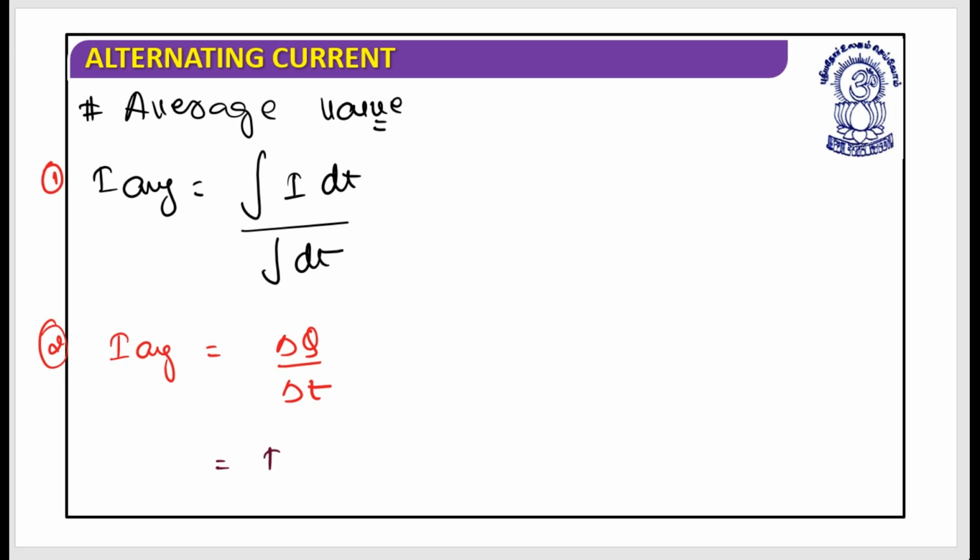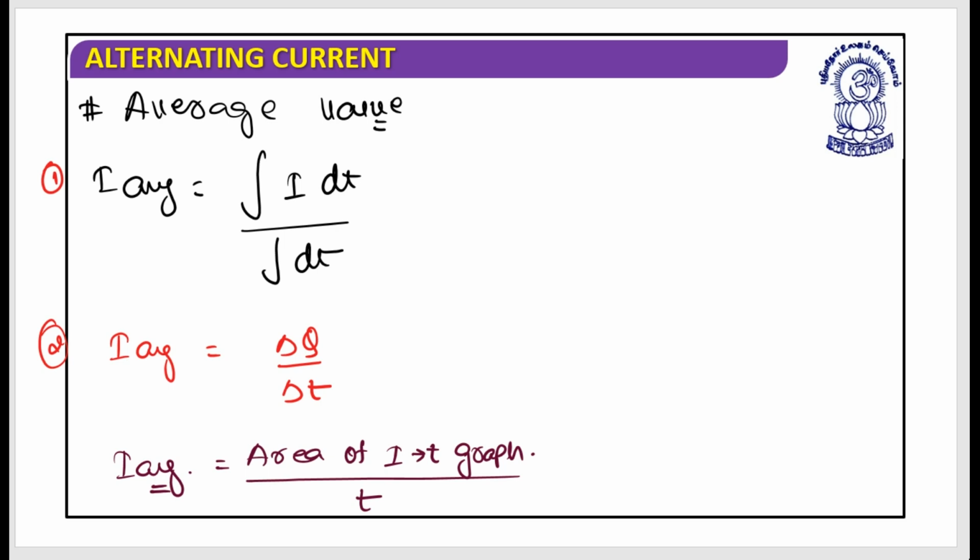If a graph of I versus t is given, then the area of the I versus t graph divided by 10 will give me the I average. Yes, even this can be done.